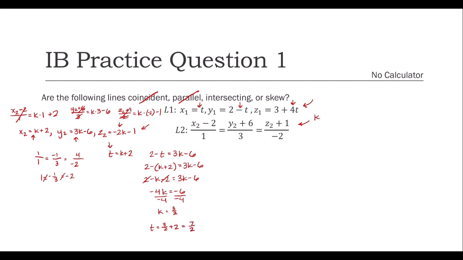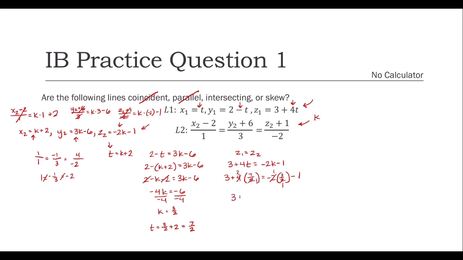So now we'll check with z1 equals z2. So 3 plus 4t equals negative 2k minus 1. So 3 plus 4 times t, which is 7/2, equals negative 2k, which is 3/2, minus 1. This simplifies to 2 and 1, and this simplifies to 1 and 1.